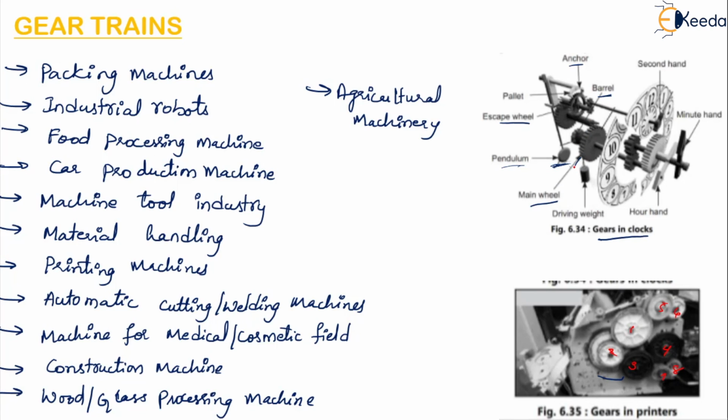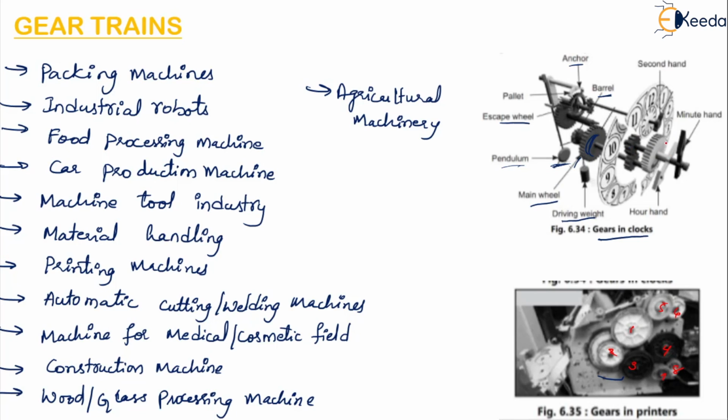So this which is shown here is the main wheel. Then this is the driving weight which is linked to this main wheel. So you can see how the main wheel is connected to different gears here.